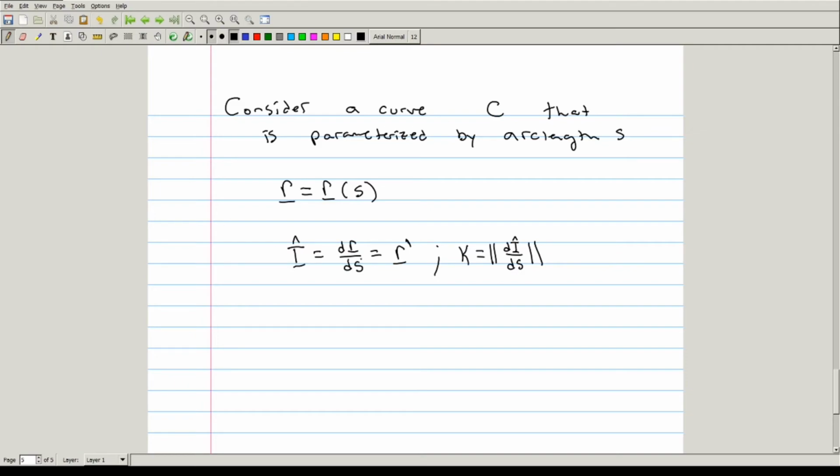And because t is the first derivative of our position with respect to arc length, this is the same thing as saying that it's the magnitude of the second derivative of position with respect to arc length, or just r prime prime for short in this notation. Also recall that we defined the unit normal vector to be the unit vector pointing in the direction of the rate of change of the tangent vector with respect to arc length.